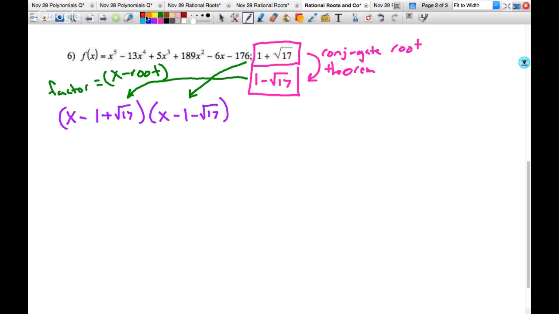Let's distribute this. I'm just going to do it out loud instead of drawing all the arrows. I need to do 9 sets of multiplication here.